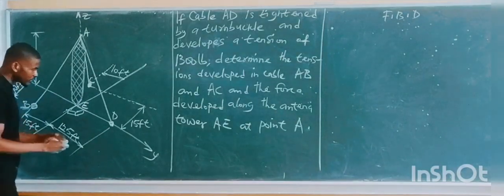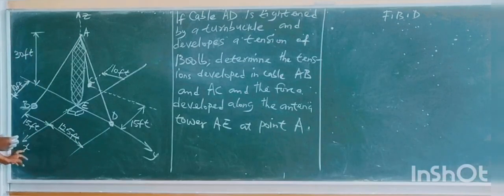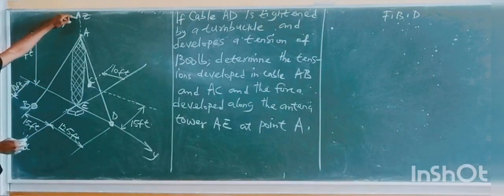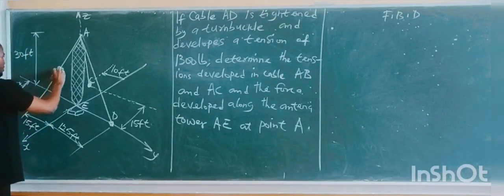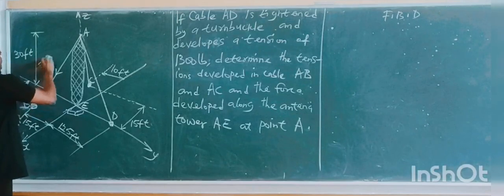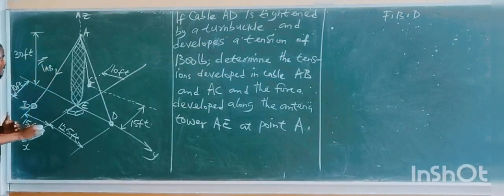Now, this is my y-axis, this is my x-axis, and this is our z-axis. There's a tension in cable AB, so let's represent that and call it TAB.